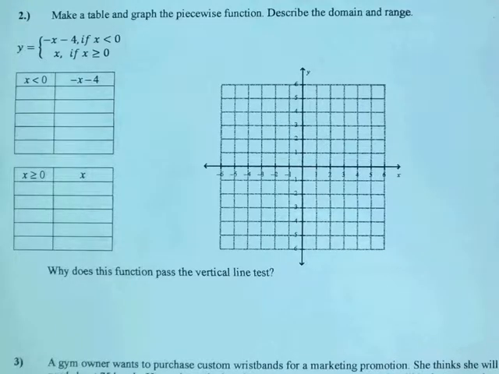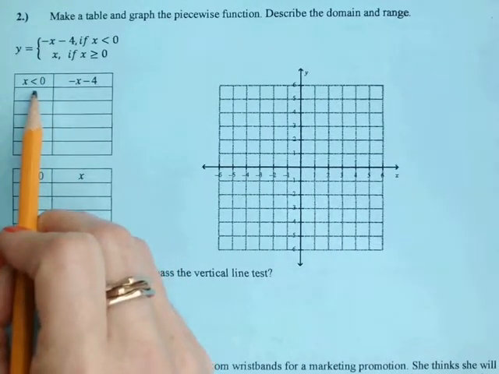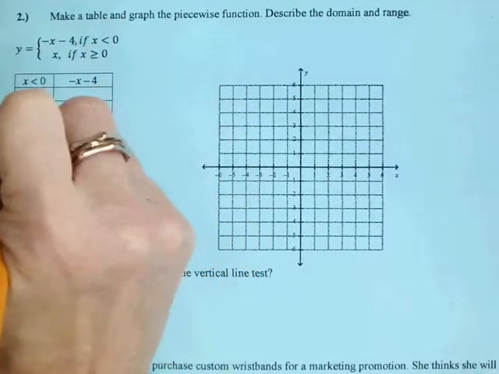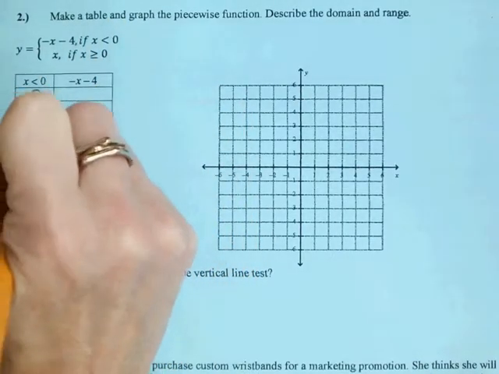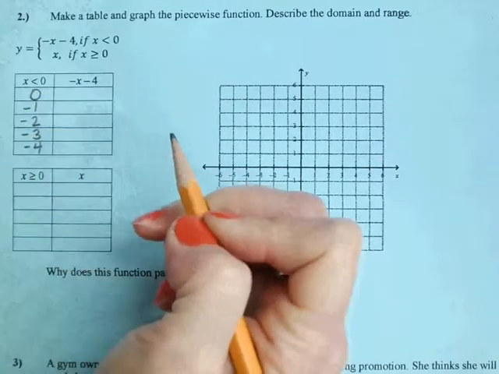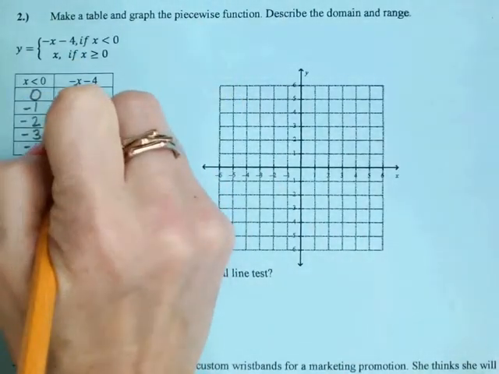So make a table and graph this piecewise function. So again, this is all values of x less than 0. We're going to start by using 0, and then we're going to write down the values less than 0. So negative 1, negative 2, negative 3, negative 4. Okay, and then let's go ahead and substitute 0 in for x and solve.